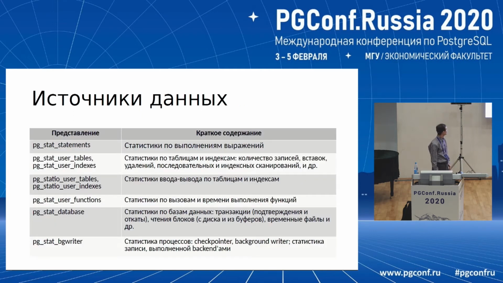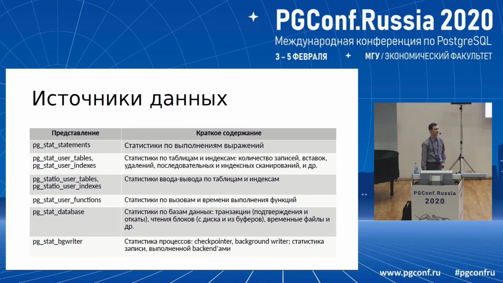So, where does pg_profile take the data from? First of all, pg_stat_statements, of course, but with some comments, which I will tell you later. Other Postgres tables and indexes, pg_stat_user_tables, will show you statistics about what happened.